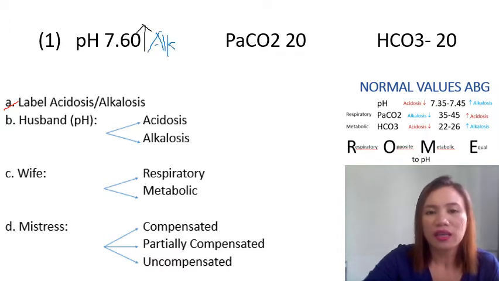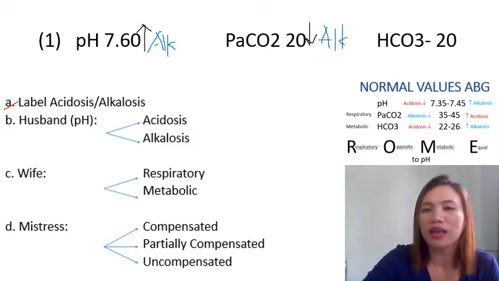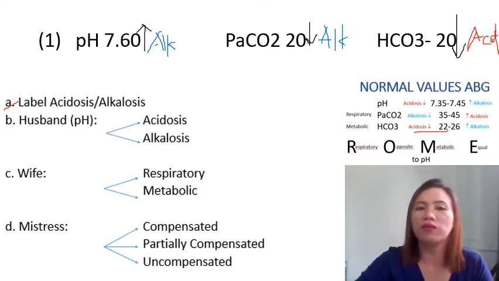Next, your carbon dioxide is decreased. Therefore, it's alkalosis still, right? Next, bicarbonate is decreased, so it's acidosis. All right, we've done the first step.